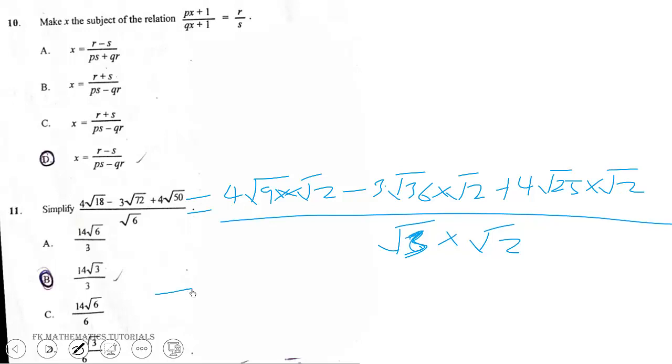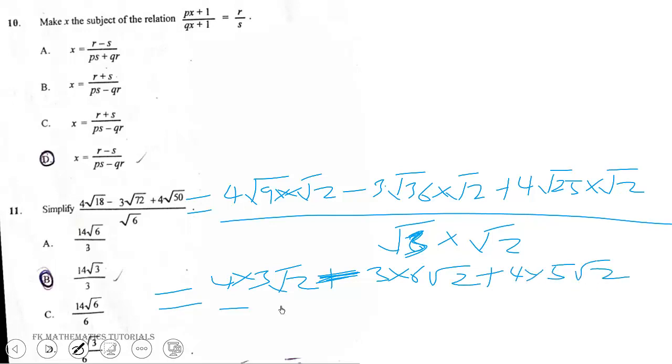So we are going to get 4 times 3 root 2, minus 3 times 6 root 2, plus 4 times 5 root 2, all over root 3 times root 2.